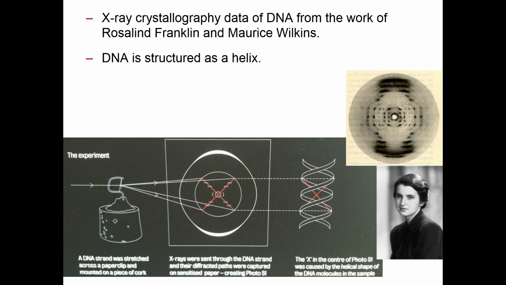Alright, so she basically crystallized the DNA molecule and passed X-rays through it. And then, just like an X-ray, it is transferred to a plate, to paper, and you get an image. And this image showed this little X crisscross structure.